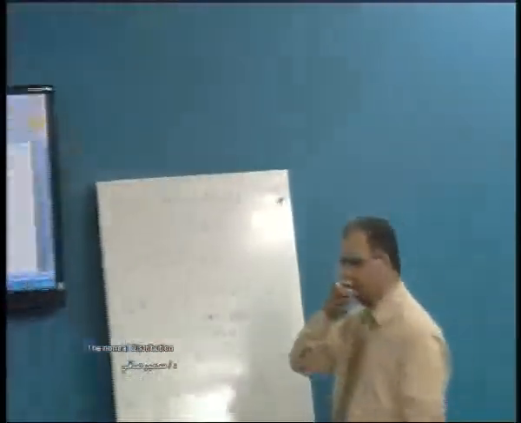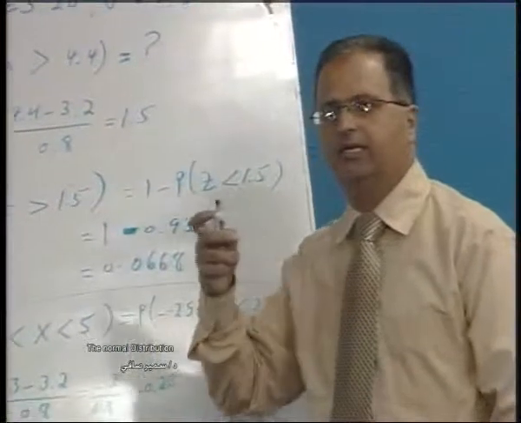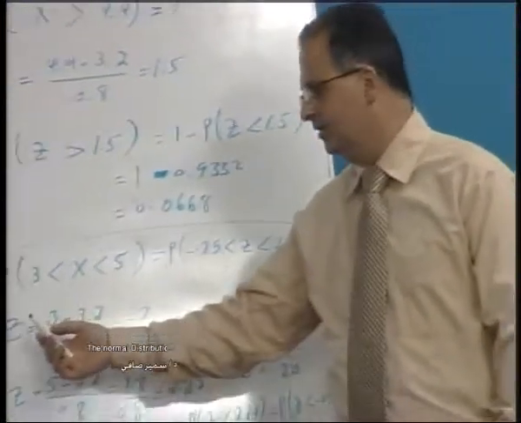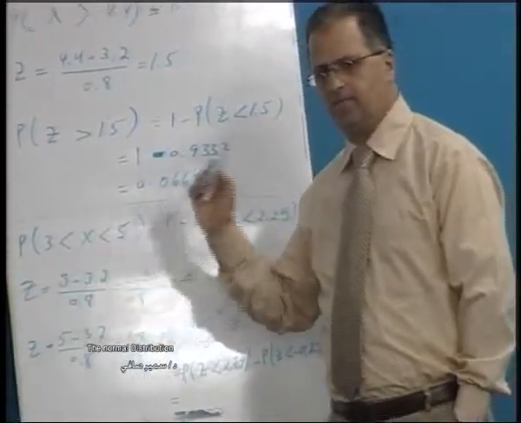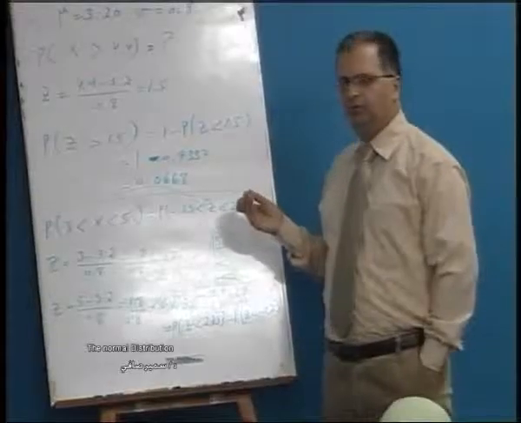So first step here, we compute the z-score for each value of x. So the problem is transformed from normal distribution to standardized normal distribution. So it becomes z between minus 0.25 up to 2.25.